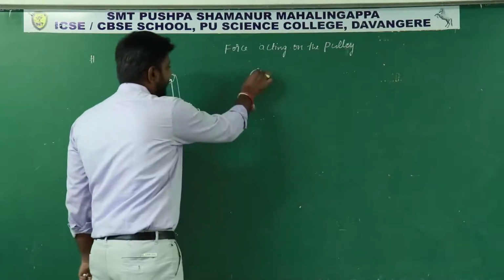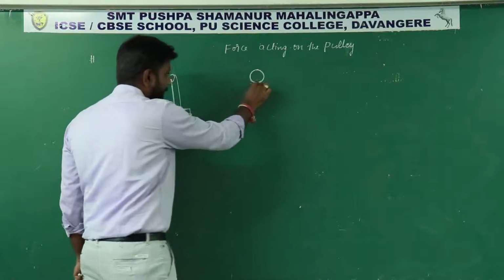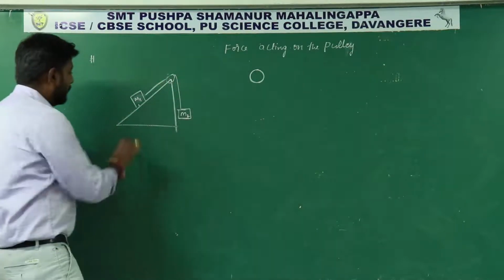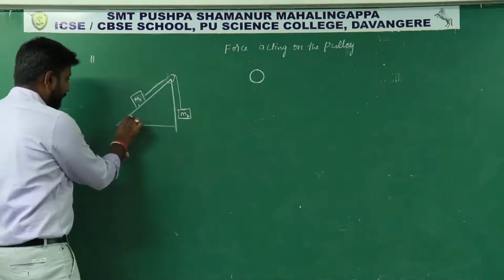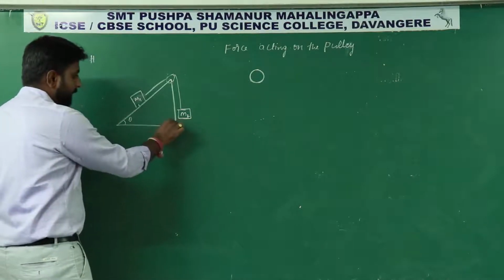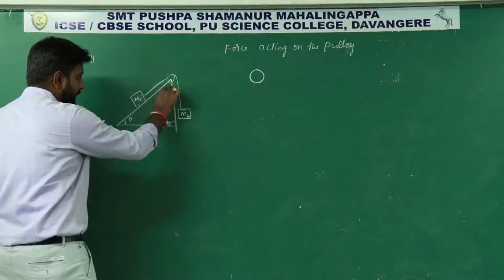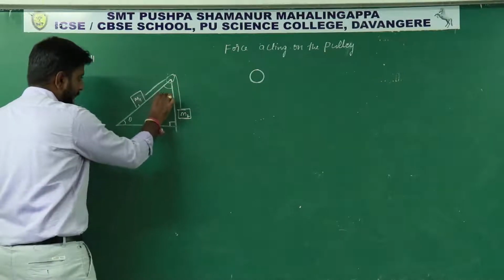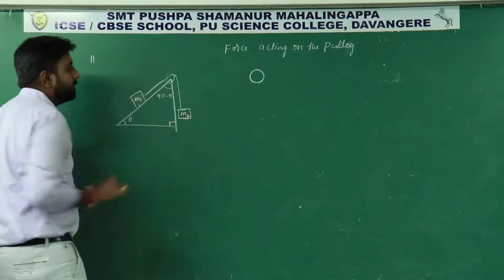So observe the diagram carefully. This angle we have considered theta. This is 90 degree perpendicular. Then this angle becomes 90 minus theta.